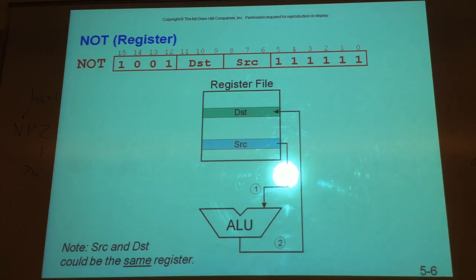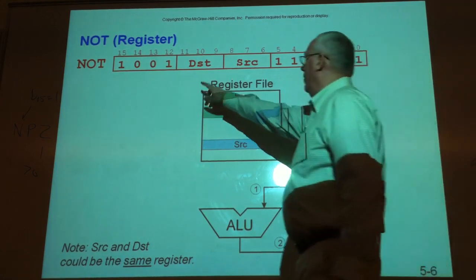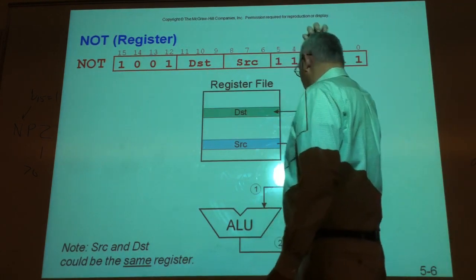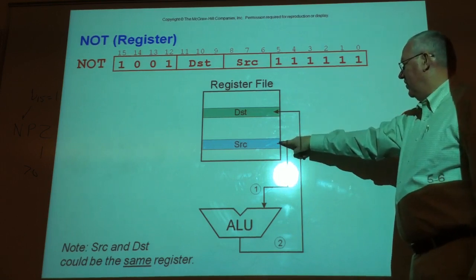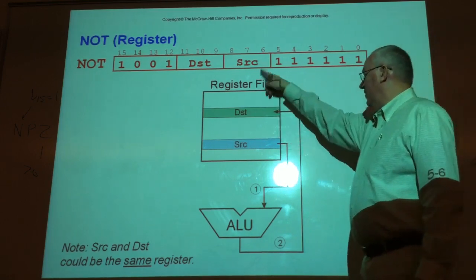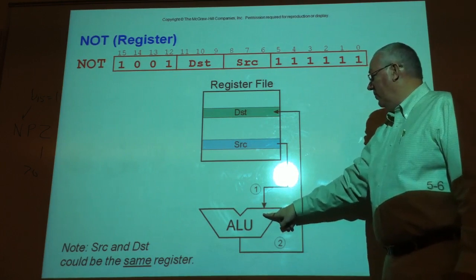Okay, let's look at a NOT. Here's an instruction, here's the NOT. We have our destination and source. So the NOT's real easy. We just take our source, address our source, put it in the ALU.